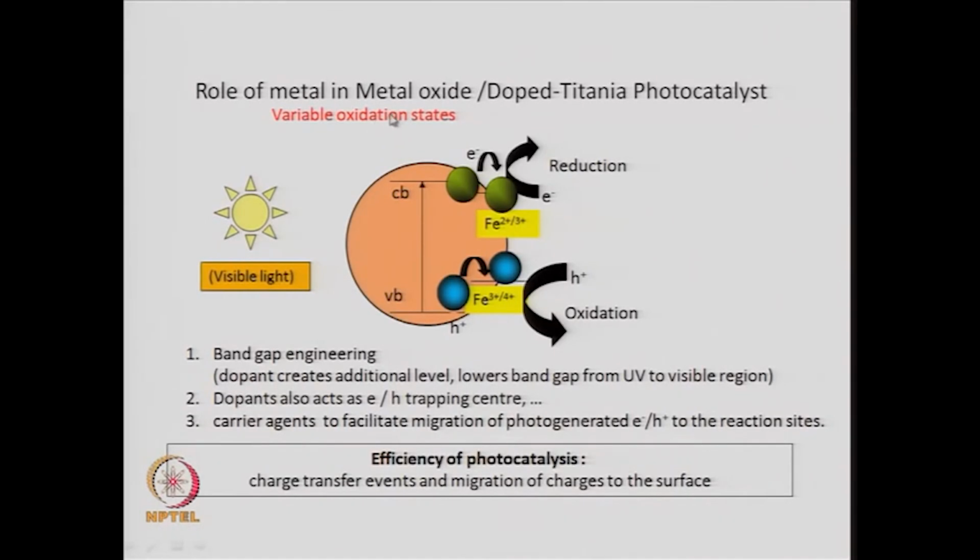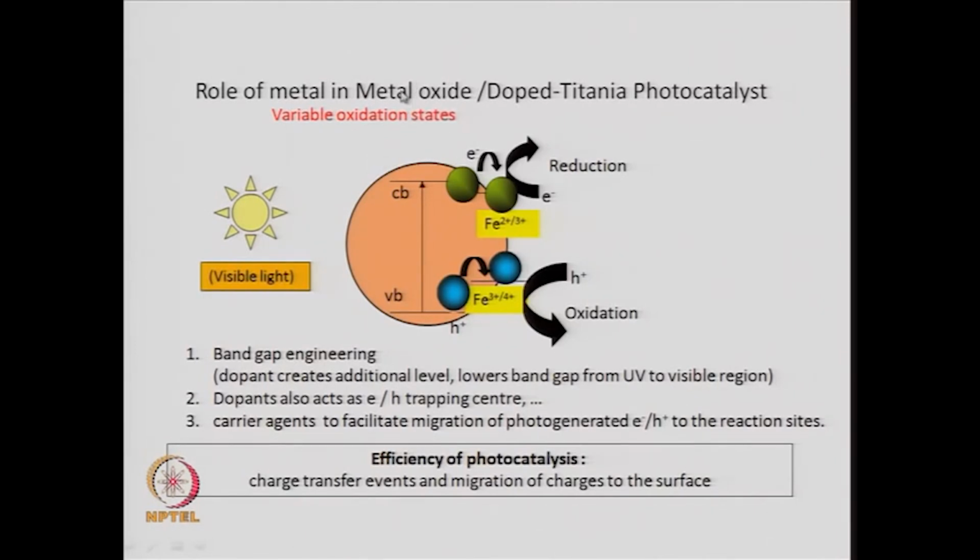All transition metal oxides show variable oxidation states. For example, iron shows oxidation states of 2 plus, 3 plus, sometimes 4 plus, and in extreme cases even 6 plus. So, you can have iron with various oxidation states. Similarly, you can also have cobalt with 2 plus, 3 plus, or vanadium 4 plus, 5 plus, etc.